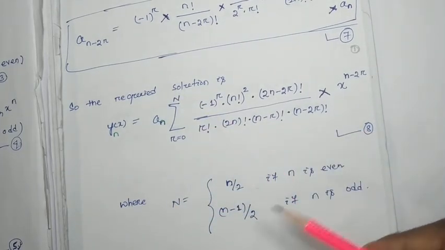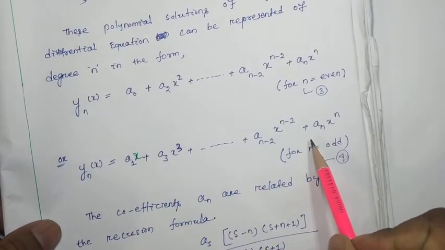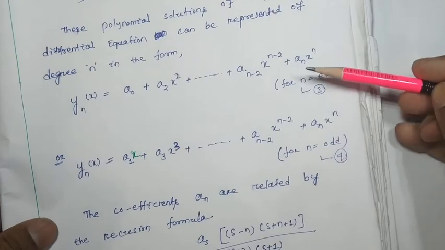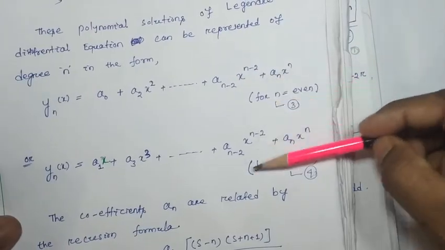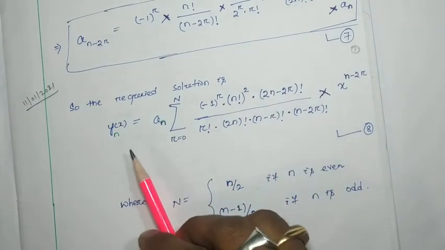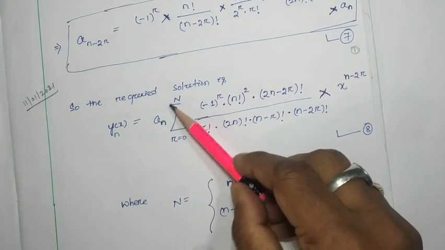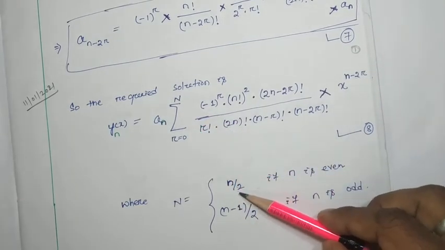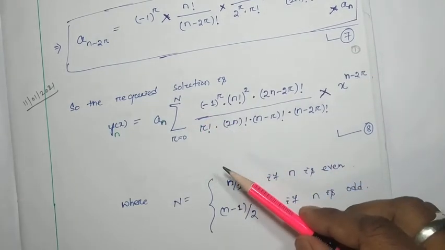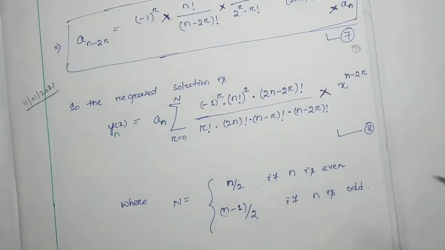And if we consider so, then you are going to get this odd series. So considering both these two series, I have written in general the required solution will be this one, where this capital N is n by 2 if n is even, and capital N will be (n minus 1) by 2 if n is odd, right?